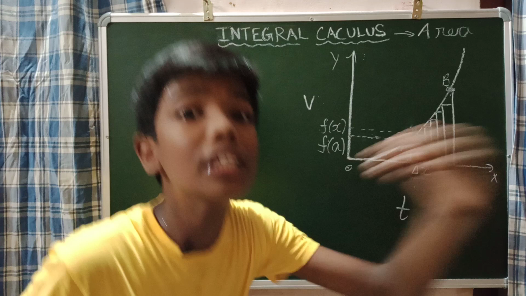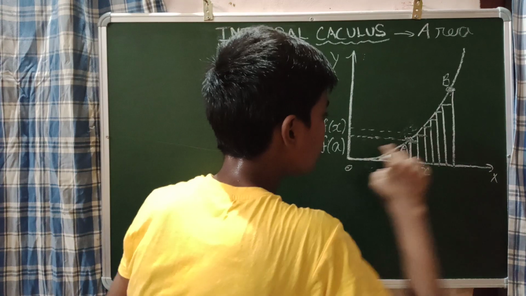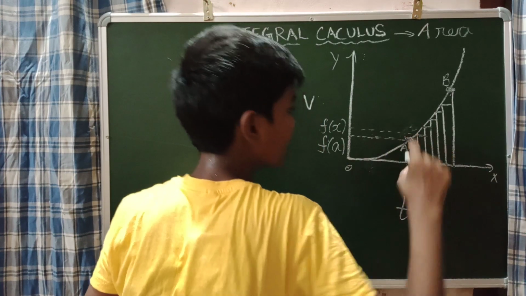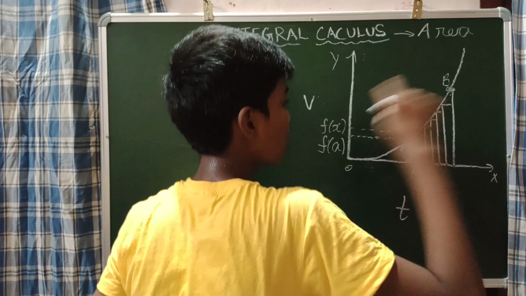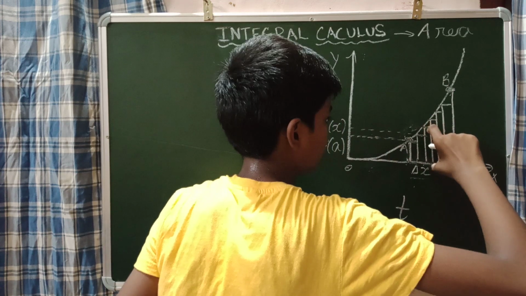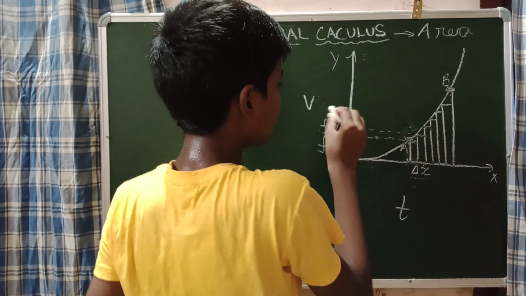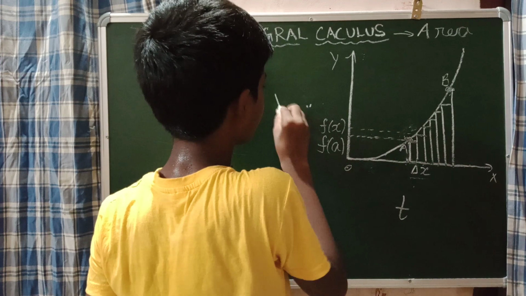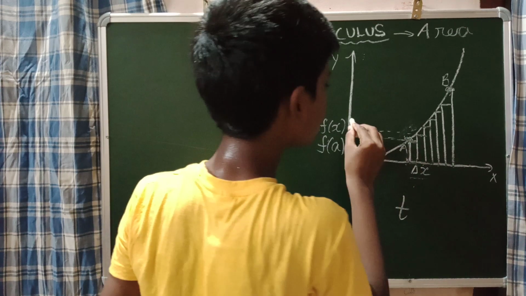Please understand slowly. Now the length is f of a, the second strip length is f of x, and the third strip length is f of x1. Let us take it like that.